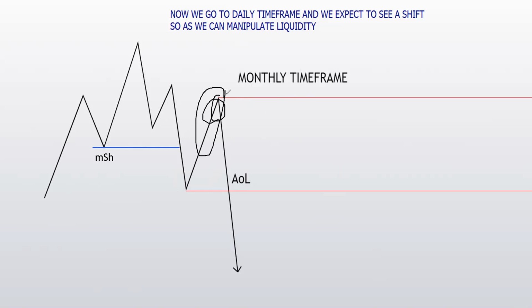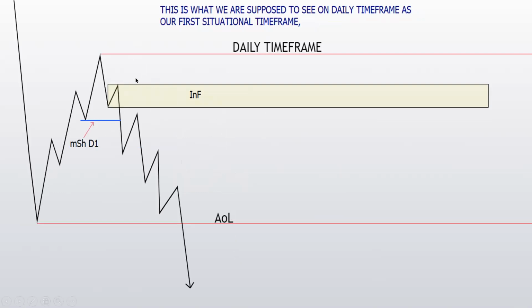So when you come to the daily time frame, maybe you find something like this one. Maybe this was my shift on daily time frame, as you can see here. But also the market left me a formation, an inside formation. So what you have to do right now is mark this inside formation, then wait for the market to come and tap this area first.